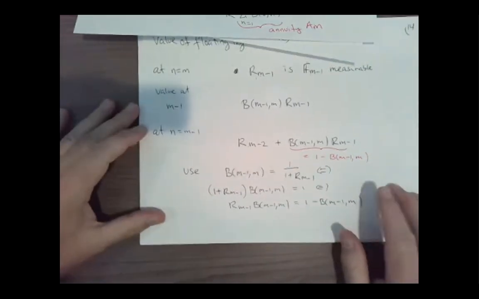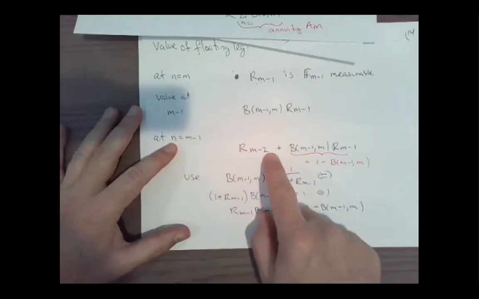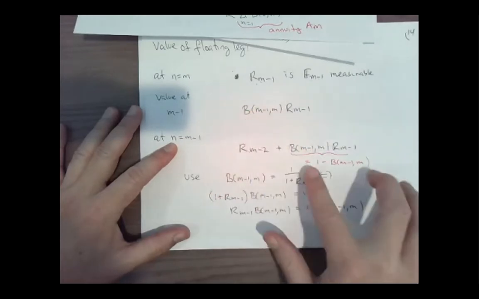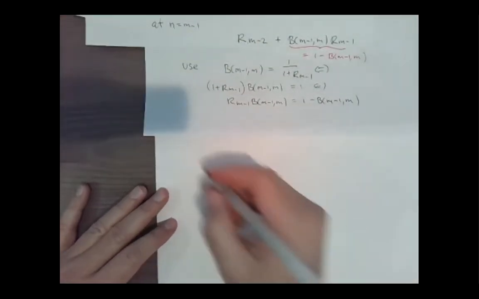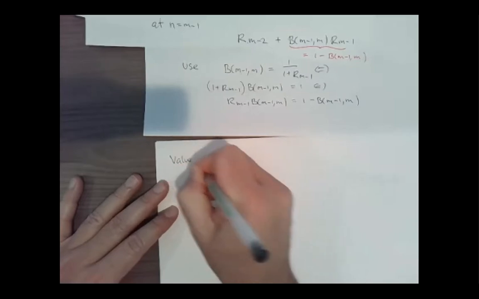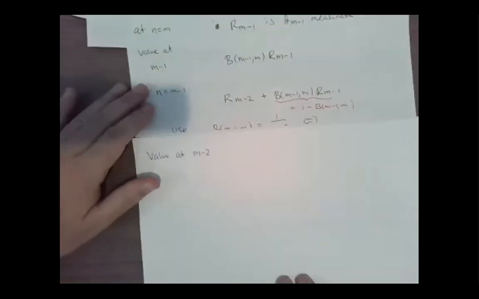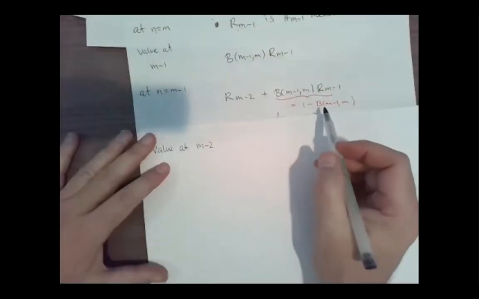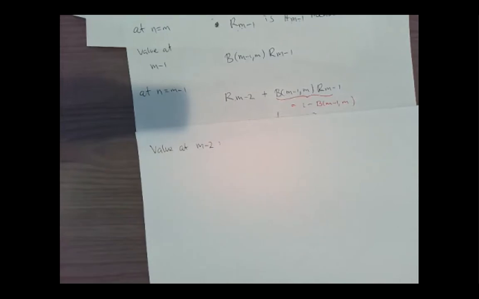So the value that I have at time m minus 1 is going to be the payment that I get, plus this thing. This thing here can be written as that. Okay, so now I'm interested in moving this back to time m minus 2. So value at, what would that become? Well, 1 plus this guy. This is already measurable.